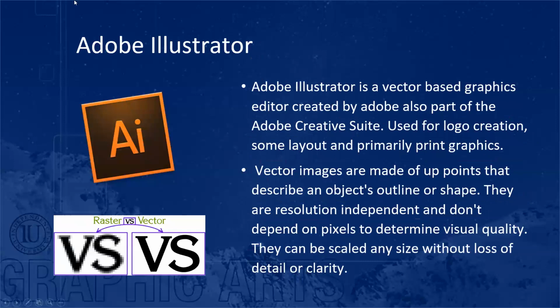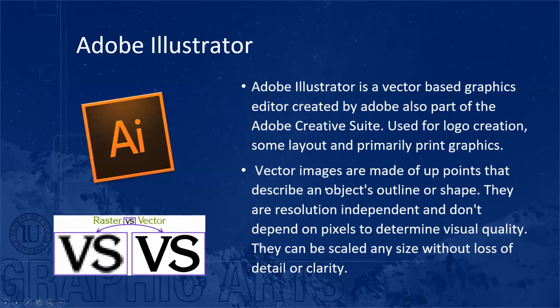Here's actually a great example. The version on the left is a pixelated image. You can see the individual squares. On the right is what's called a vector image. Vector programs like Adobe Illustrator create vector graphics, which are images made out of paths.